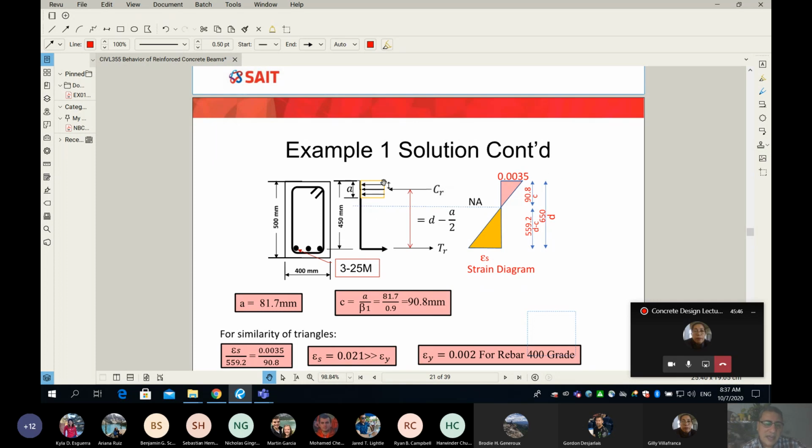Remember, this guy here is called the stress diagram, and this guy here is called the strain diagram. Please don't be confused. From the strain diagram, we will figure out the type of the failure.